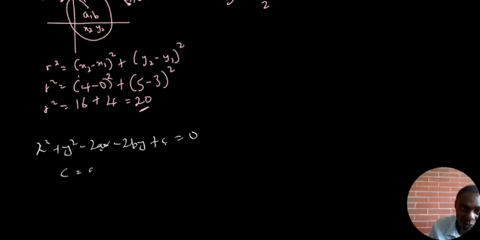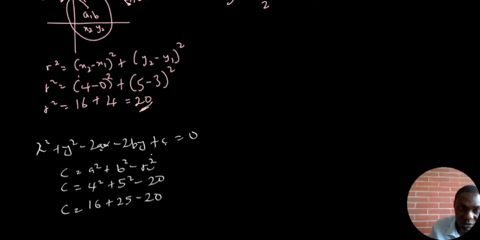So c is going to be equal to a squared plus b squared minus r squared. So c is going to be equal to 4 squared plus 5 squared minus r squared. R squared is 20. So c is going to be 16 plus 25 minus 20, and when you work this out together, that's going to be equal to 21.